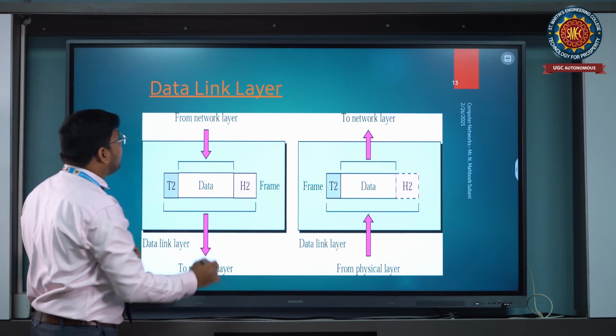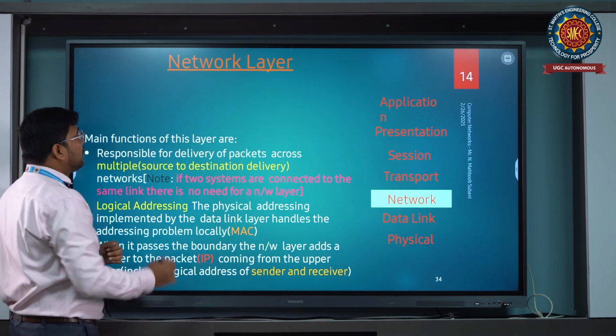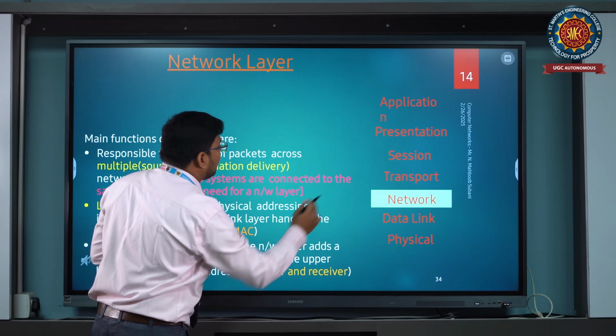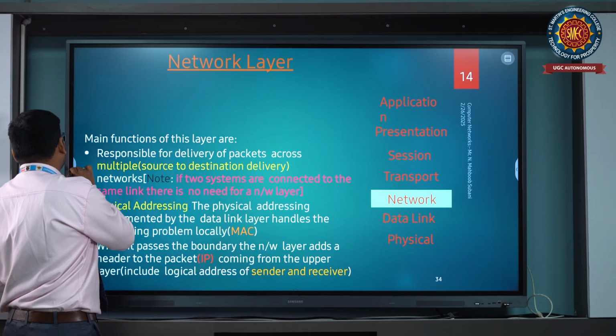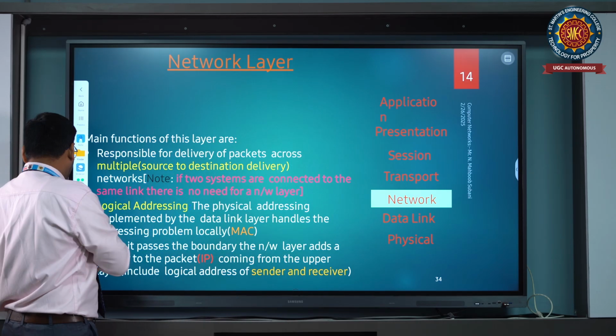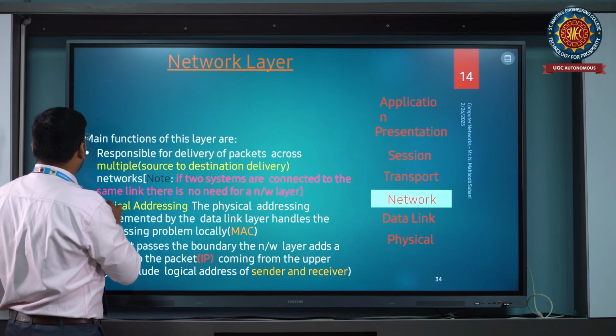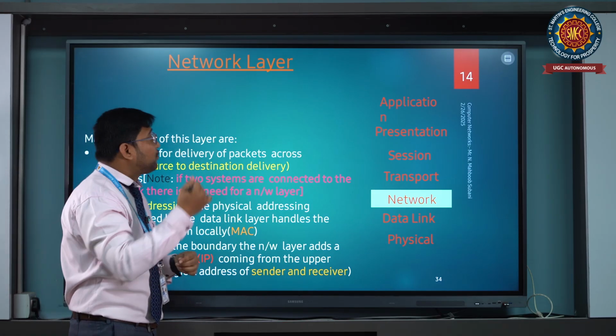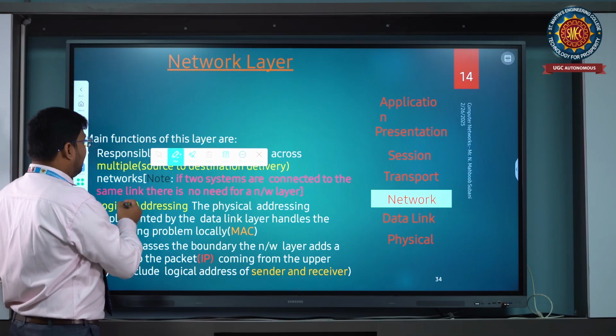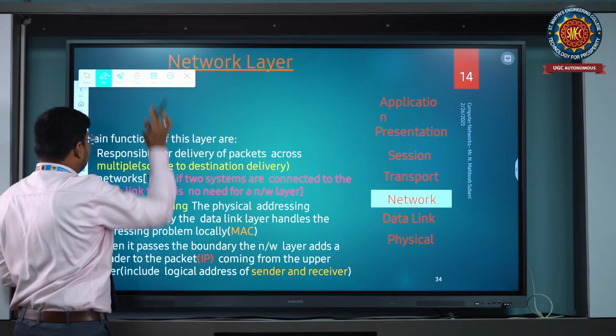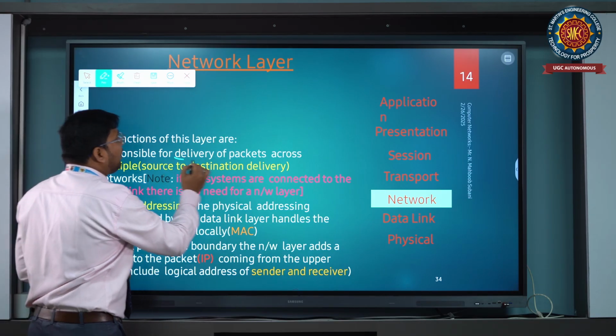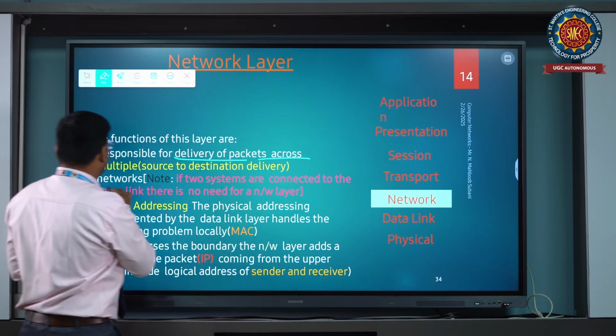The other layer is the network layer. The network layer is responsible for delivering all kinds of messages that have traveled from the transport layer. It is responsible for delivering packets across networks.